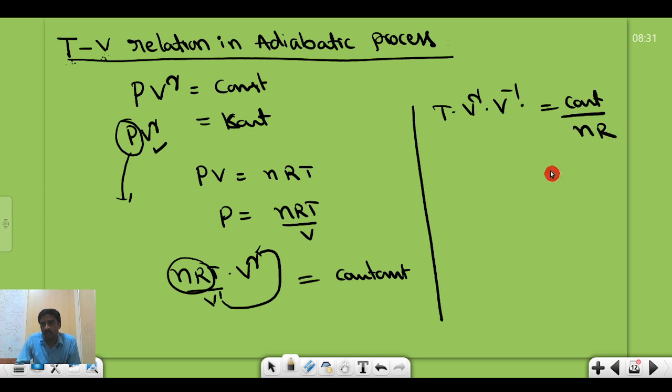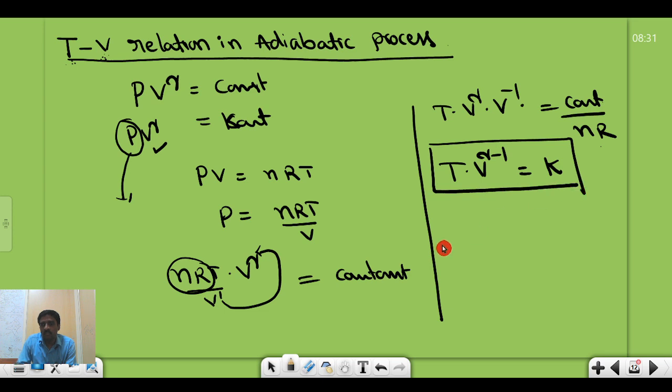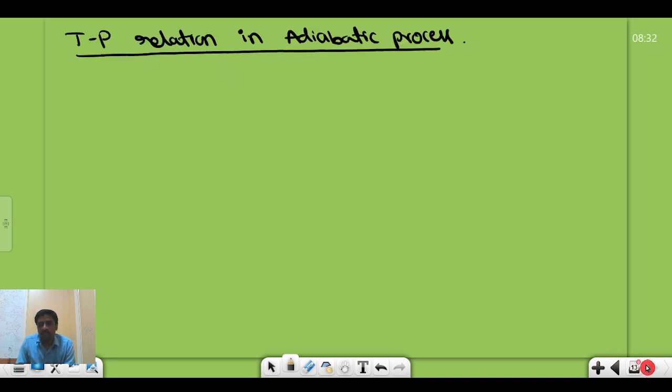So T into V power gamma minus 1 is equal to some constant divided by nR, another constant, which we assume is capital K. This is the relation between T and V in the adiabatic process. I hope you understand. Now let me go to the other relation, between T and P in an adiabatic process.